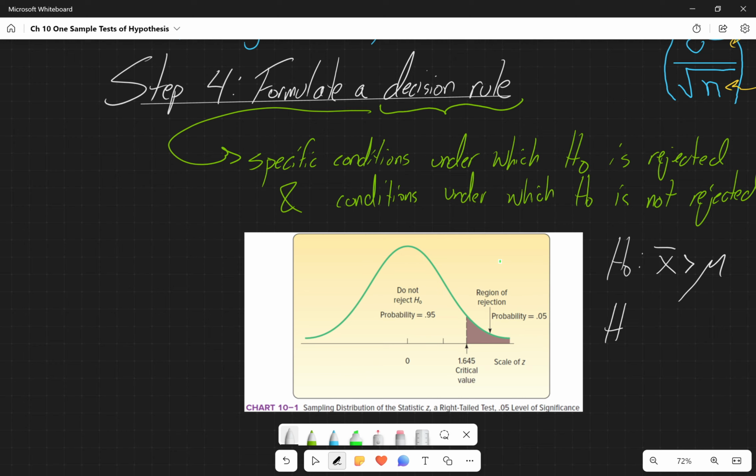And then the alternative hypothesis, x bar is greater than or equal to mu. And then the alternative hypothesis would be x bar is less than mu. So a lot of times we're going to have stuff that looks a little differently because we're going to have two tails to them.